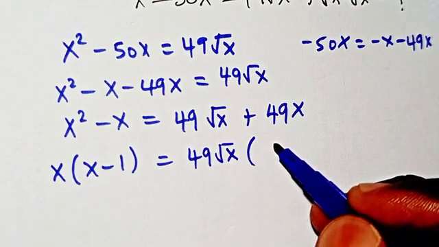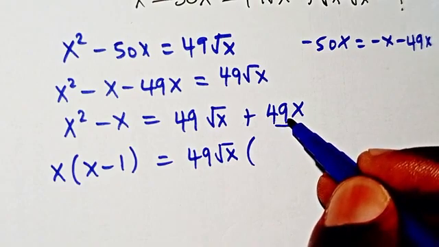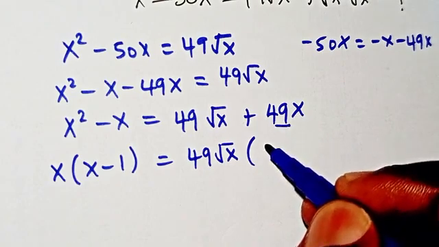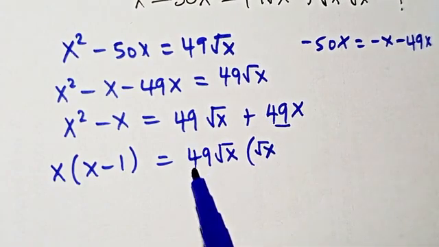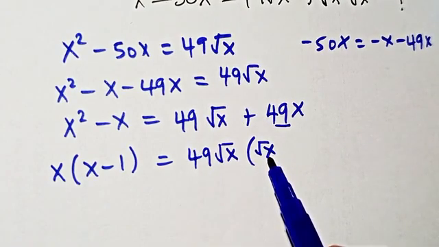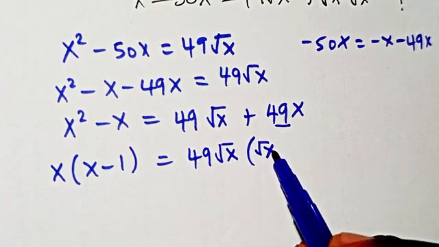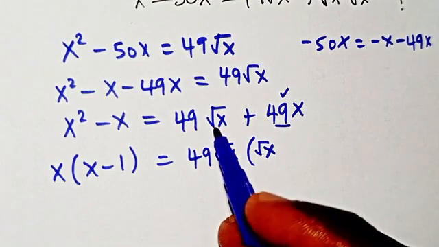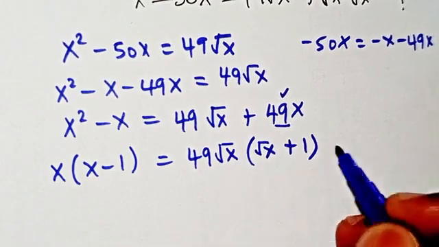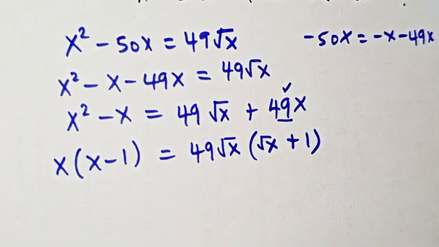I'm going to take this first, because I'm going to be having root x. If you say 49 root x multiplied by root x, you can see root x times root x will actually give us x, which is this 49x here. Then for this place it's going to be plus 1. I believe you are getting what I'm doing.